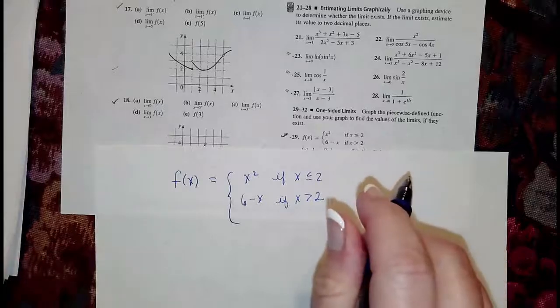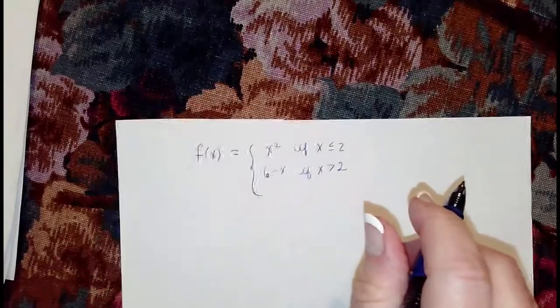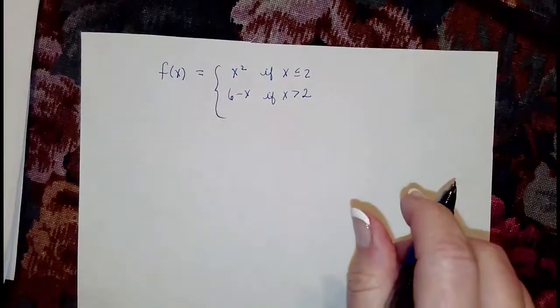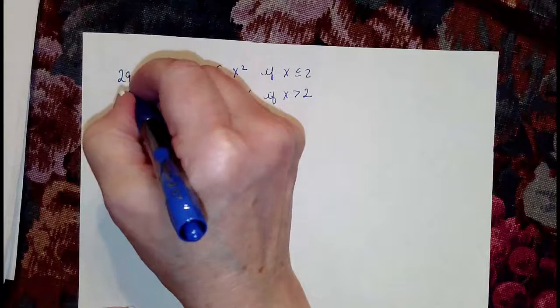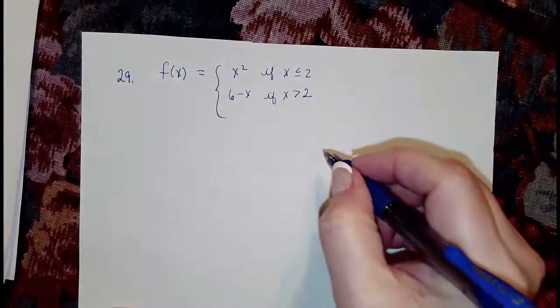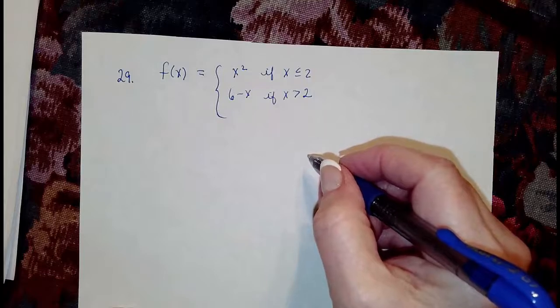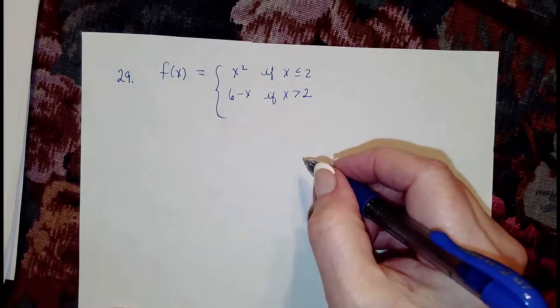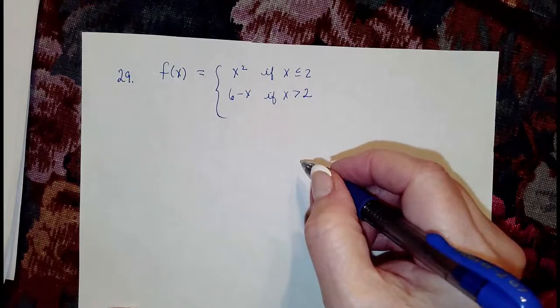So let's go ahead and get this paper out of the way because we really don't need it. All right, so this is our piecewise function, and this is number 29 from that assignment. Like I said, afterwards I'll give you a key, but I'm going to ask you guys to at least try some of these before we give you the key.